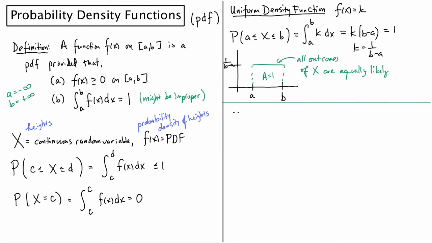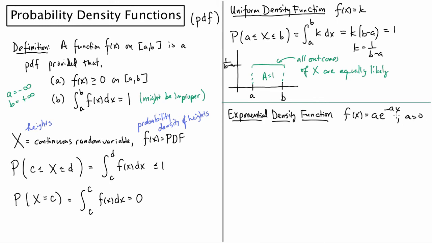So next up, I want to look at something called the exponential density function. The exponential density function is given by the PDF a e to the negative ax, and this is where a is greater than 0.